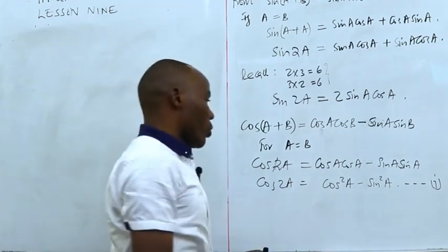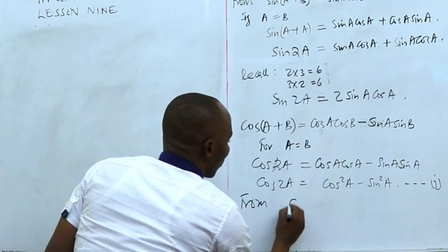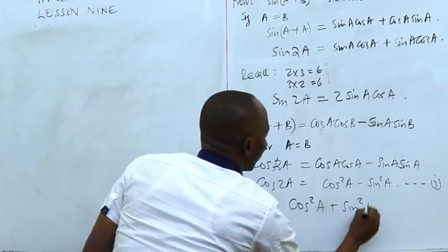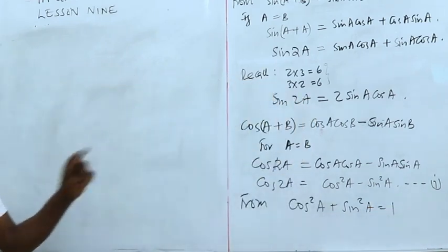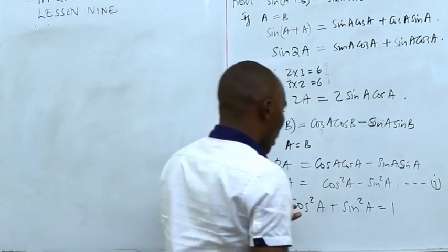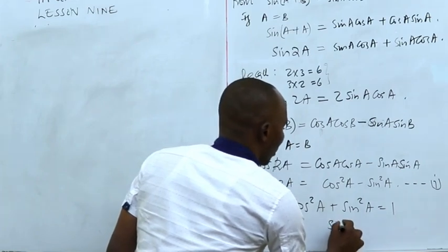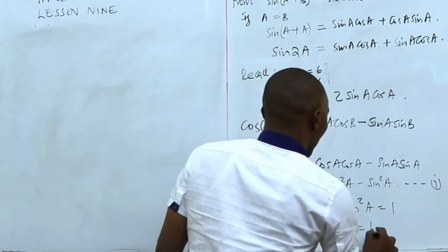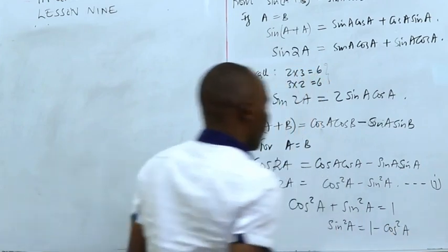So if that is equation 1, from cos squared A plus sine squared A equals 1, that is a trig identity. We proved it. So if I make sine squared A the subject, what do I have? I'll have 1 minus cos squared A.